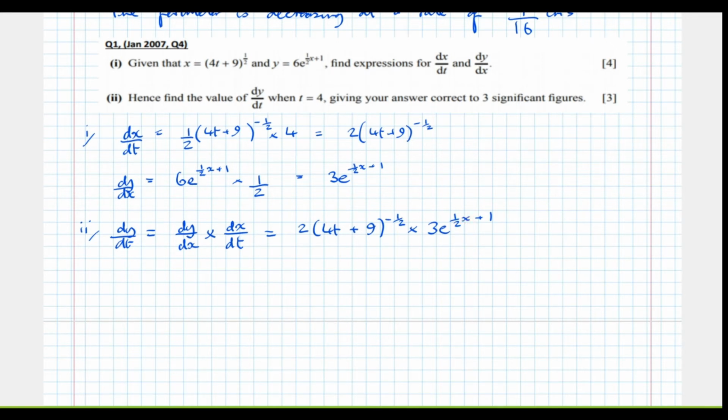However, we can find what x is equal to when t equals 4 by subbing it in there. So t equals 4 implies x equals 4 lots of 4 plus 9 square rooted, square root of 25, which is 5.